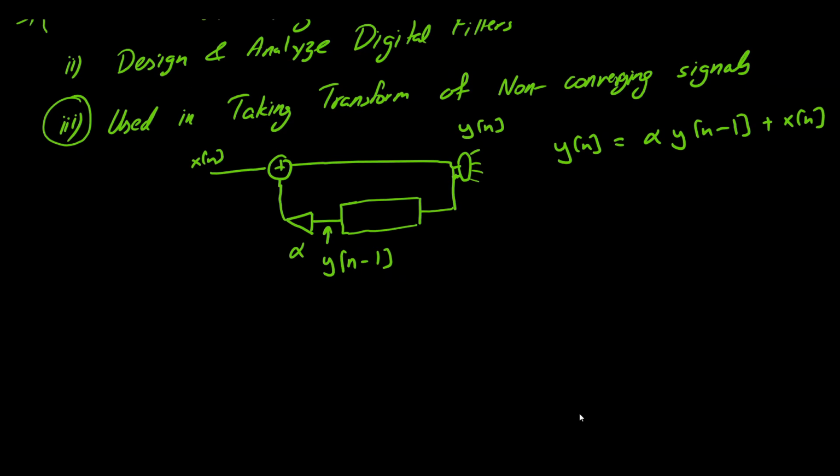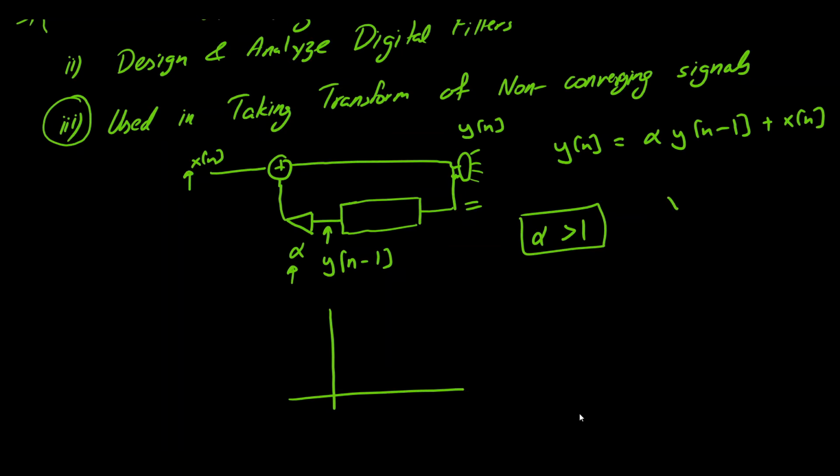Now let us say that the value of alpha is greater than 1, right? So whatever signal we are getting at the output, we are multiplying it with a value which is greater than 1 and then feeding it back. So this behavior would indicate that at our output, which is y of n, we would have a signal which would start at a certain input and it would increase.